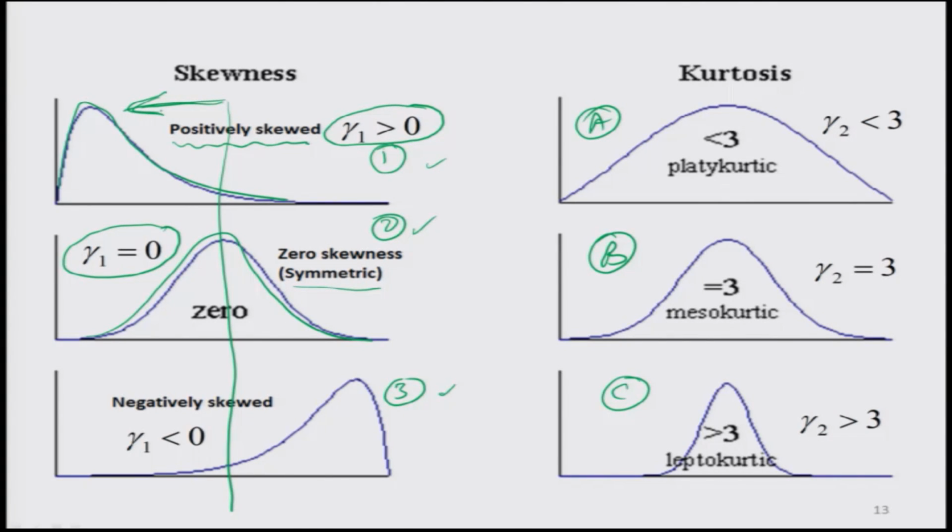And similarly, when we look into figure number 3, in this case the gamma 1 value is coming out to be less than 0, and we call the curve negatively skewed.